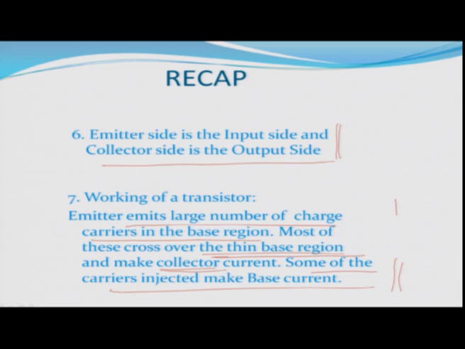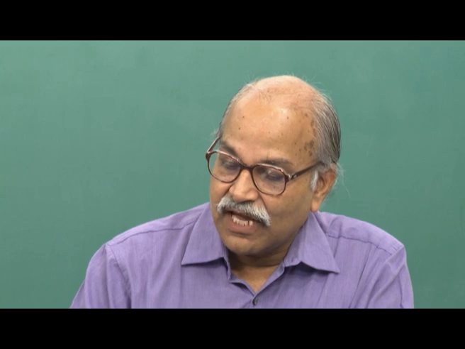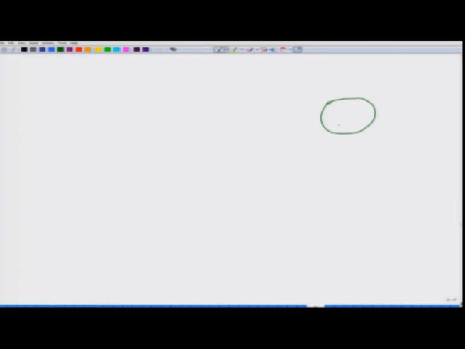Now, I will just elaborate a little bit on this and then we will talk about the characteristic curves. Okay, so, the circuit looks like this: you have this transistor symbol. I am drawing the common emitter configuration and an NPN transistor. So, this is N, this is P, it goes from P to N, NPN transistor. Then you have this base coming out and then outside you connect the circuit.